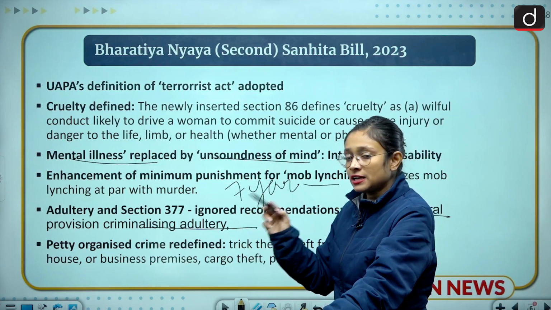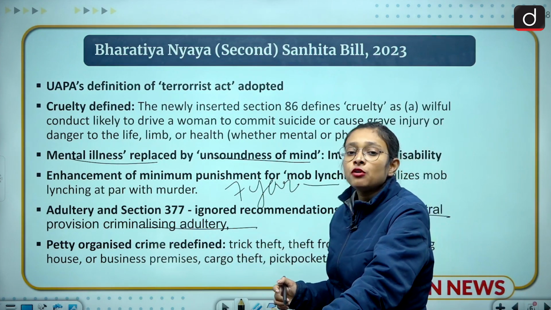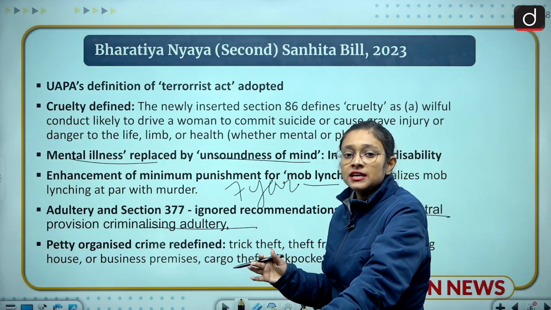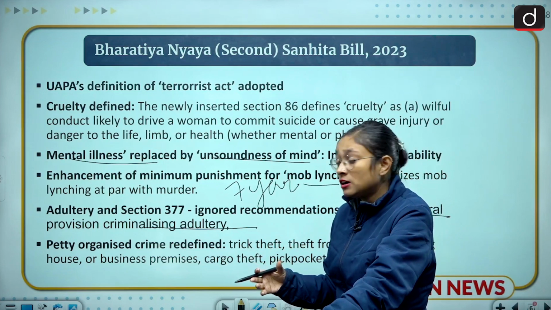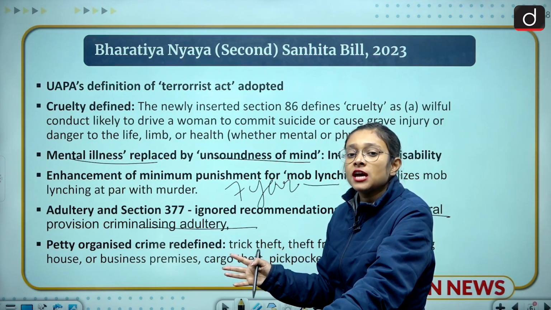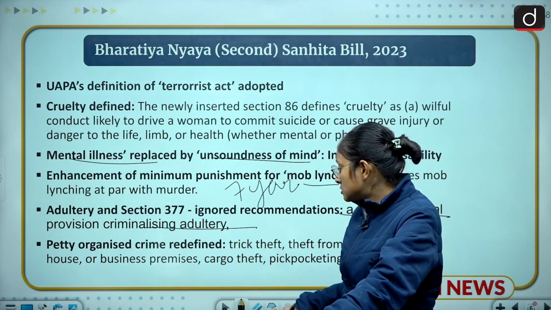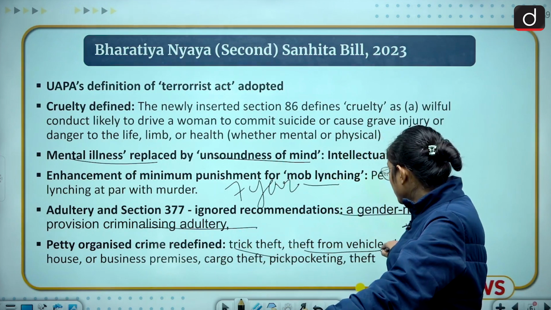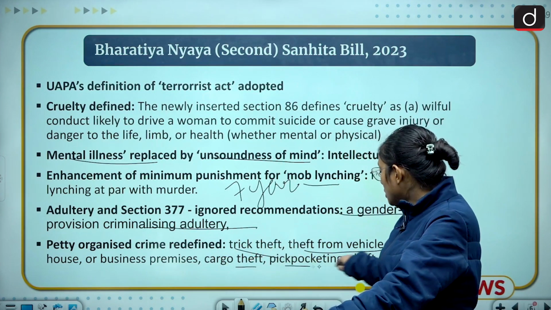And coming to the next point, which is petty organized crime redefined. Earlier, endangering your identity or your physical things was called a petty crime. But right now this definition has been broadened, and a few particular terms are used, like truck theft, theft from vehicle, dwelling houses, business premises, cargo theft, pickpocketing theft.